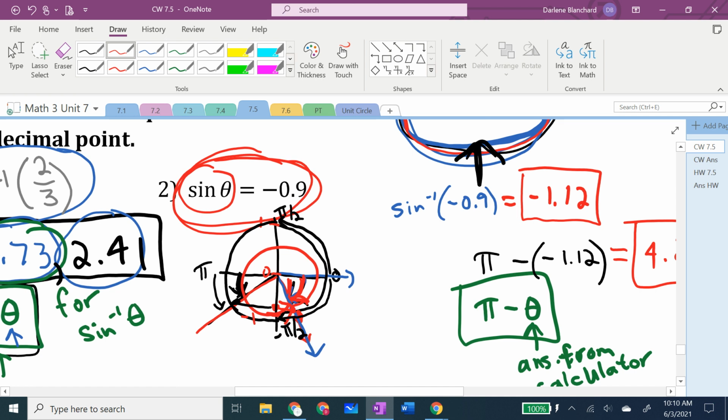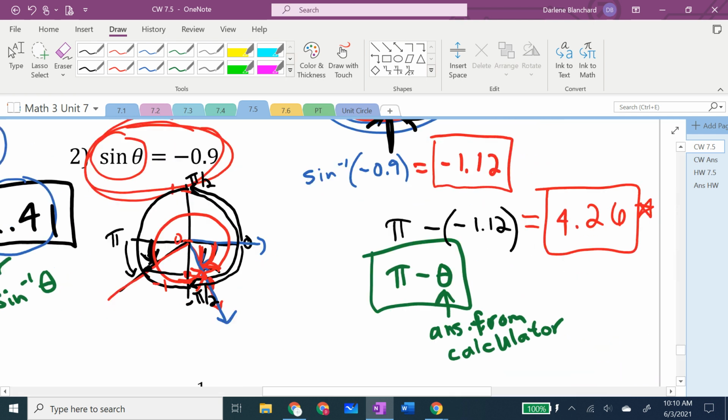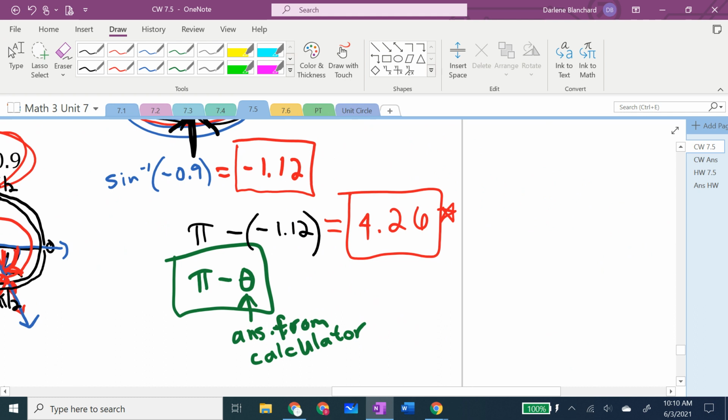And that way you can say these are the two angles with a first round through this cycle, with a 0 to 2 pi first round, that are the solutions. And so I'm going to take this number and I'm going to add 2 pi.